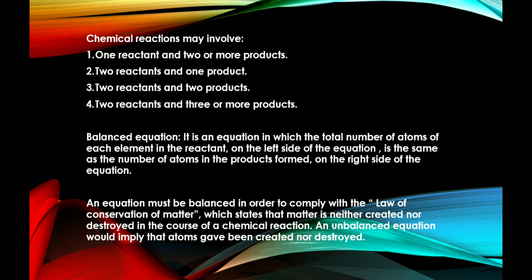An equation must be balanced in order to comply with the law of conservation of matter, which states that matter is neither created nor destroyed in the course of a chemical reaction. An unbalanced equation would imply that atoms have been created or destroyed.